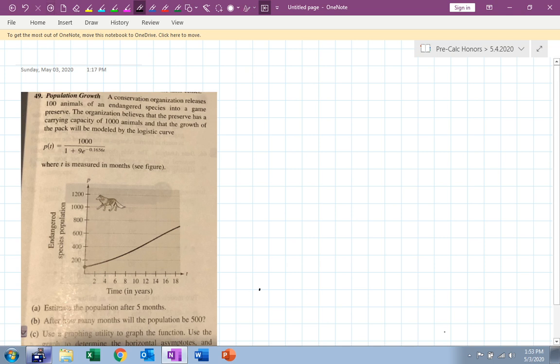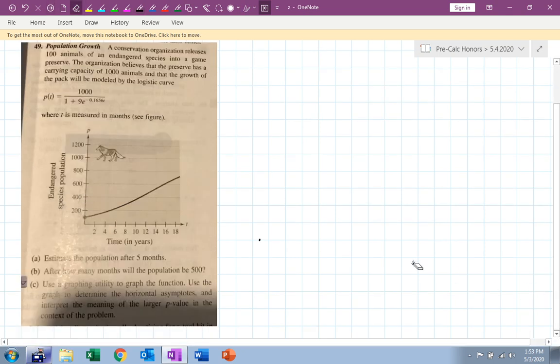So this is what you would have. It's talking about 100 animals of an endangered species, and to me it looks like some kind of wolf, released into a game reserve. The organization believes that the preserve has a carrying capacity of 1,000 animals, and the growth of the pack will be modeled by, here's the curve. They gave us some curve.